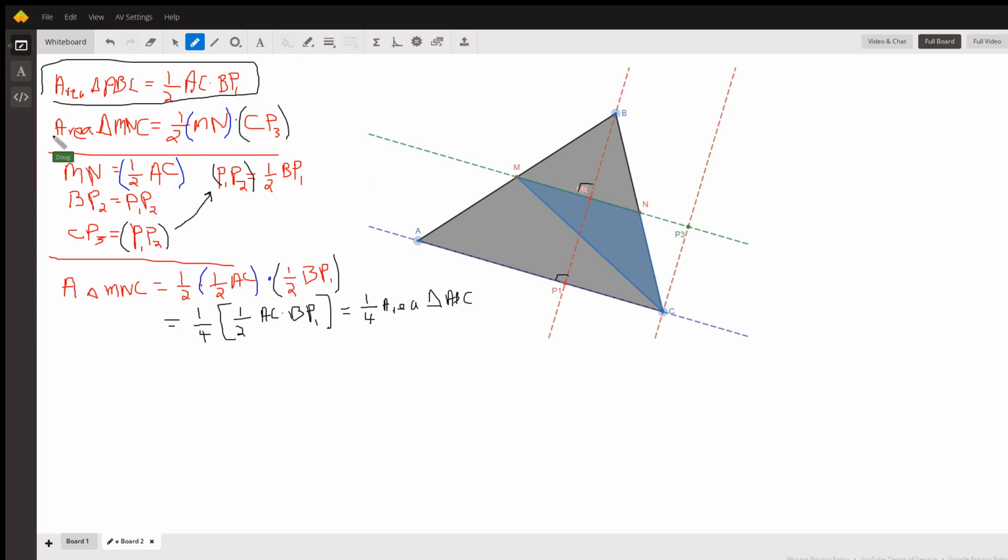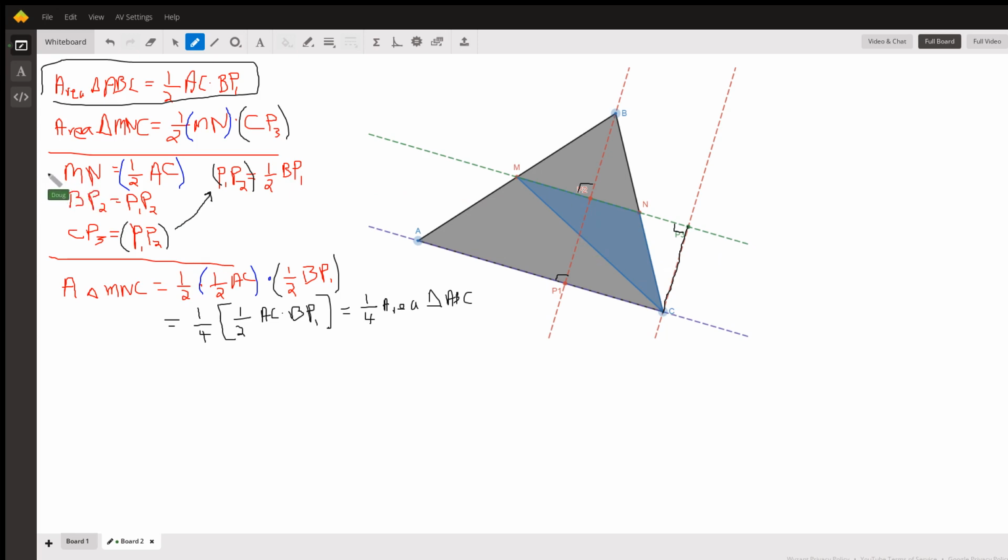And the area of triangle MNC is 1/2 its base, which is MN, times this altitude right here, which I created by dropping a perpendicular from vertex C to MN extended. I guess we'll always have to extend that.